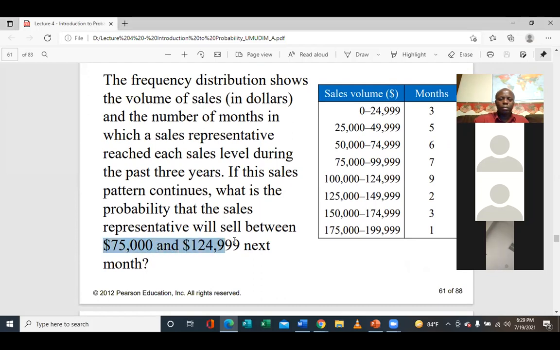Now, actually, the way they frame this question, you might not even know that it is an addition rule. But you see, 75,000, that means this here or this one here. Because this is where you begin from 75,000 and then get to the 124. So what is the probability that you reach 75,000 to 99,999 or 100,000 to 124,999 next month?